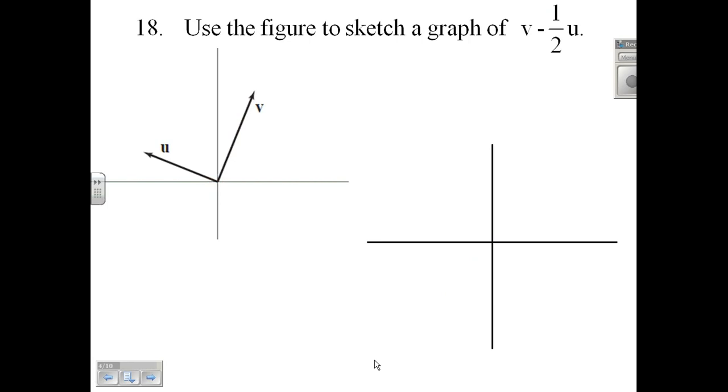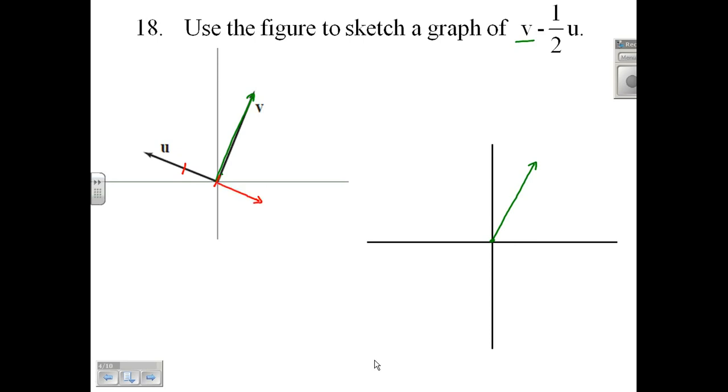And one more. Here we're going to start by letting v do v's job, and v wants to take the desk, slide it up to here. Hopefully, work with me here, that's the same angle. That's exactly what we have going on over here. Same distance, same angle. And then I want to subtract half of u, and if u is this long, if I'm subtracting it, we're going in the opposite direction.